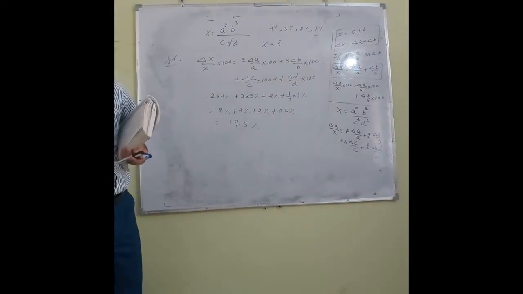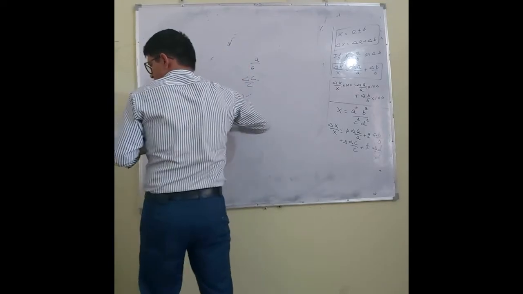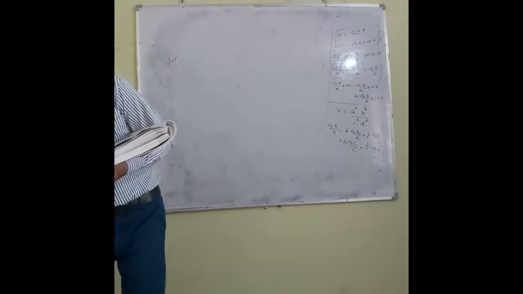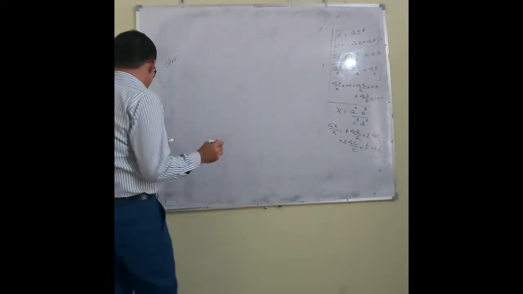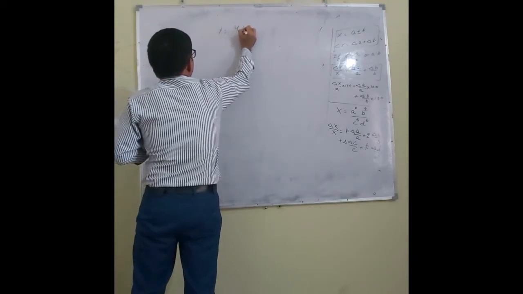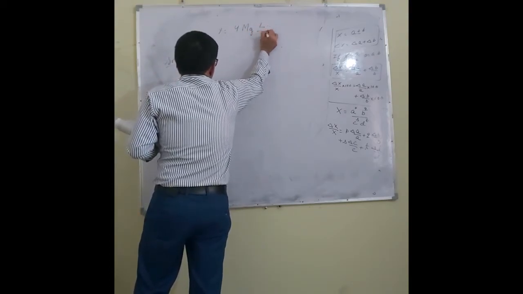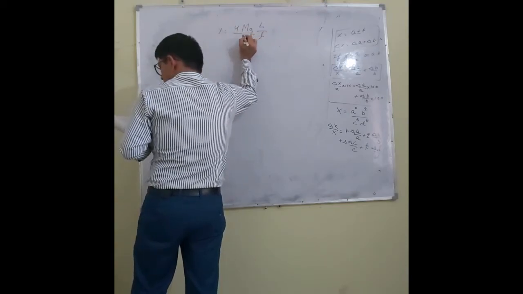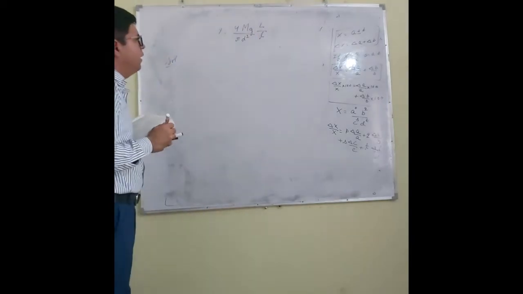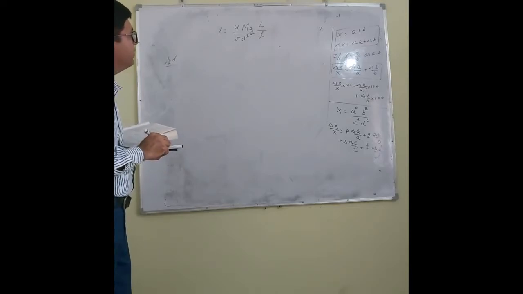Next is, what am I given? I am given a physical quantity, Young's modulus. Its formula is Y equals 4MgL by pi d square l, where M is mass, L is length, small l is elongation, and d is the diameter.